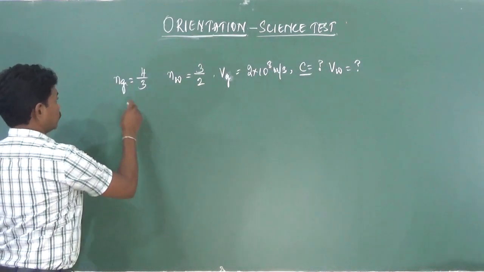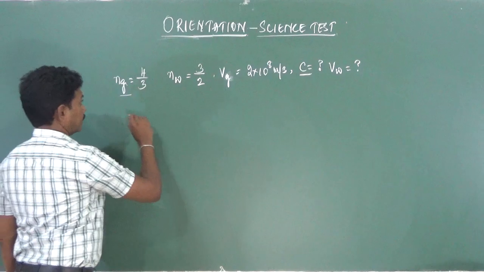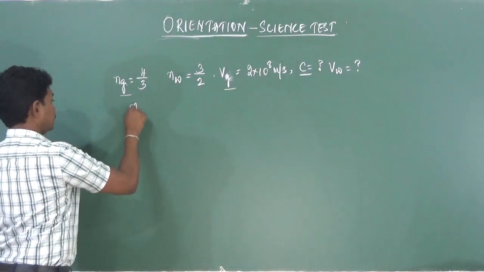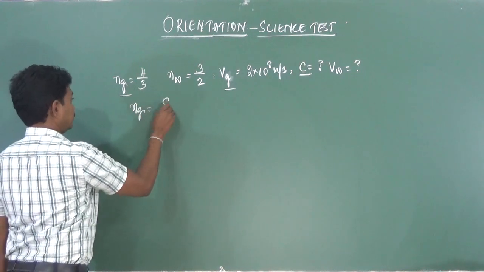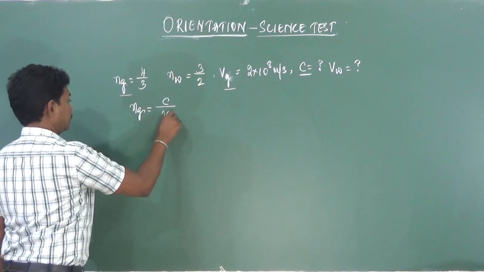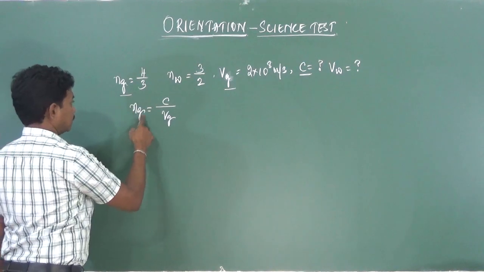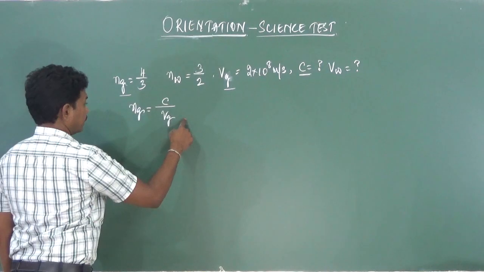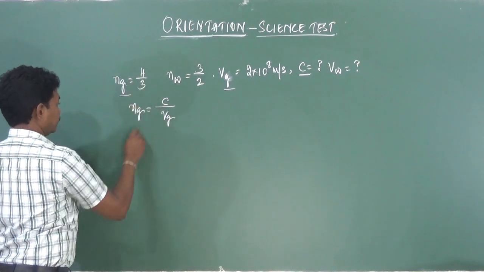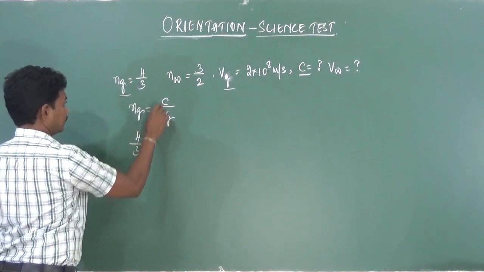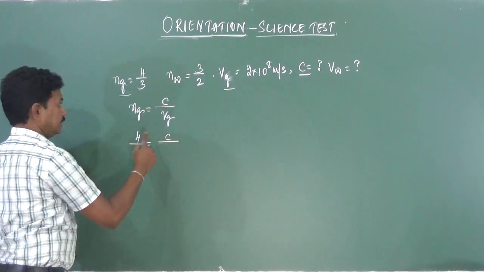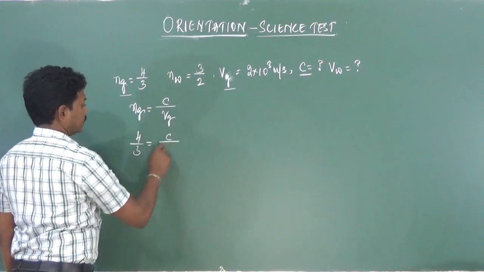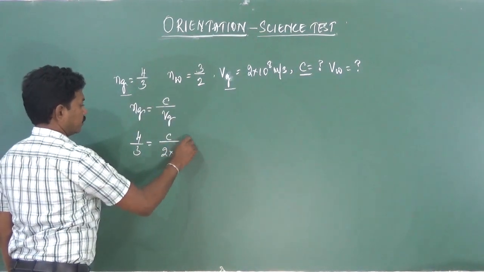So you can go with these two things, Ng and Vg. So Ng is equal to C by Vg. The refractive index of glass is equal to the speed of light in vacuum by the speed of light in glass. Ng is given, that is 4 by 3, is equal to C by Vg, which is 2 into 10 to the power 8.